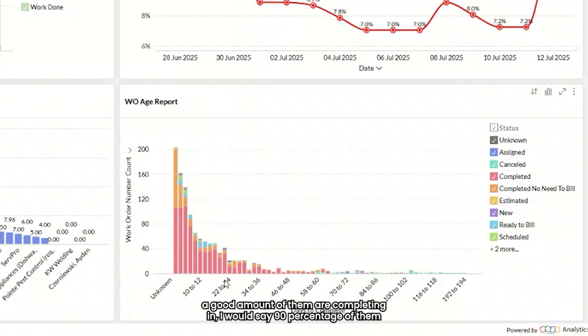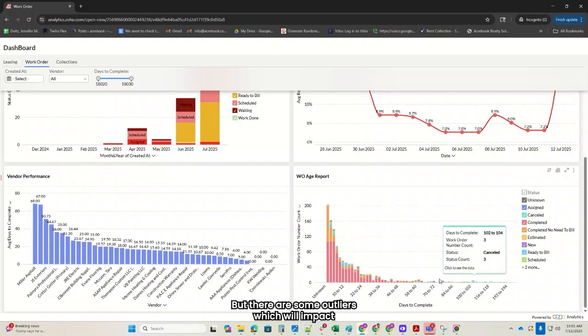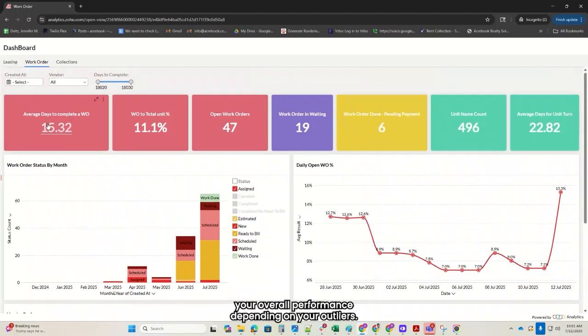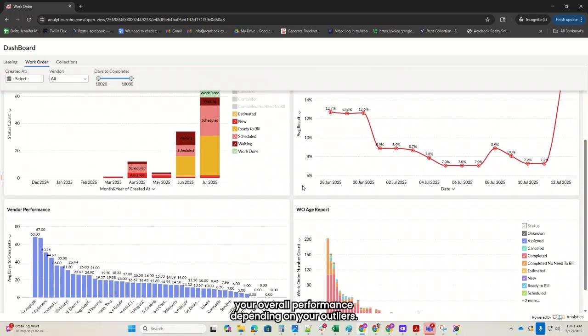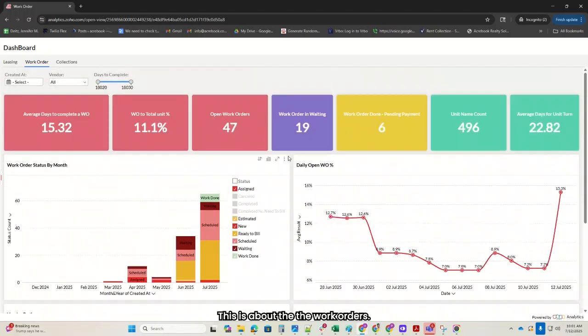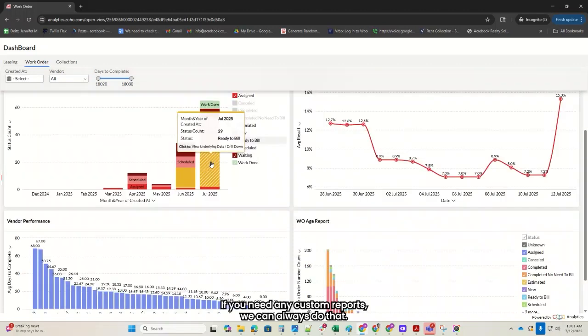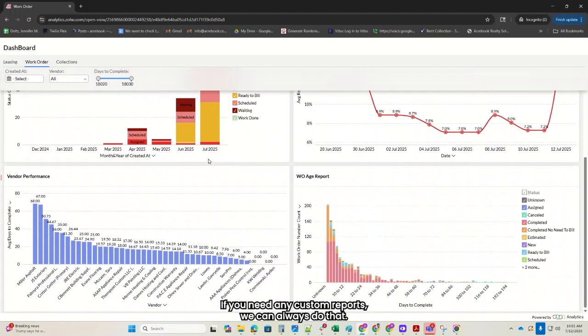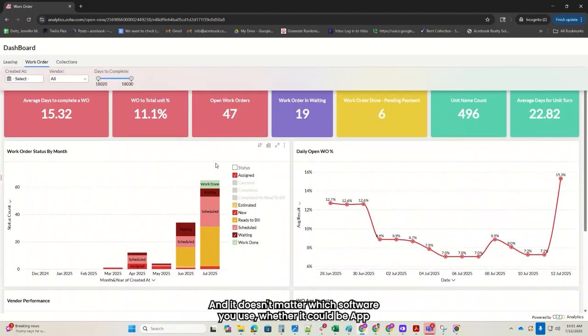I would say 90% of them are completing in 20 days. But there are some outliers which will impact your overall performance. This is about the work orders. If you need any custom reports, we can always do that, and it doesn't matter which software you use, whether it could be AppFolio, Buildium, Yardi, any of those things, it doesn't matter.